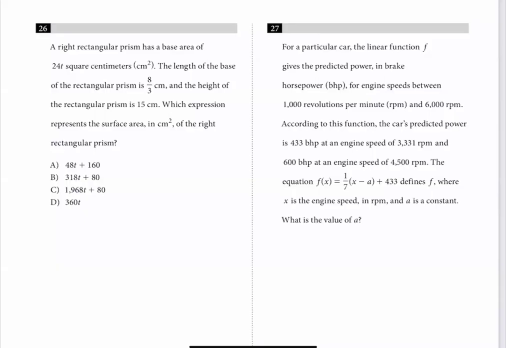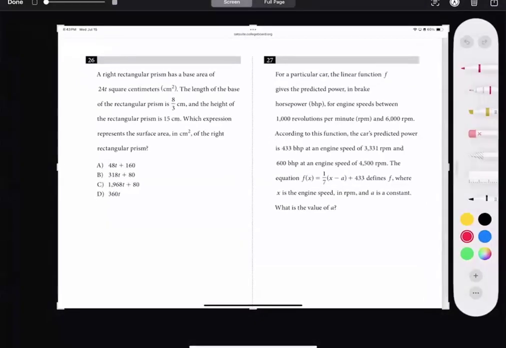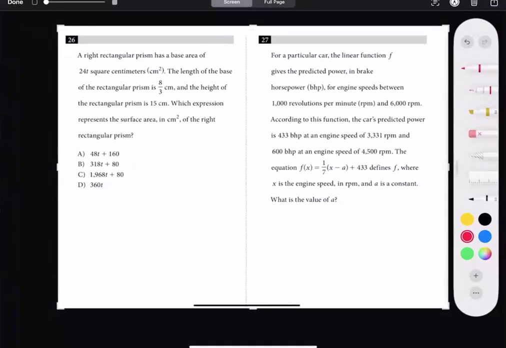Okay, A is 3,331. Yes, perfect. Okay, let's do it together. So you are given that f of 3331 is equal to 433.